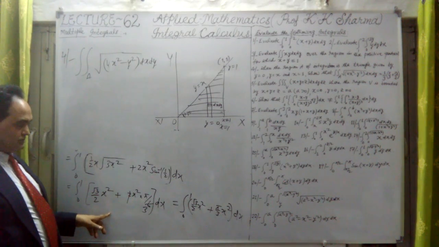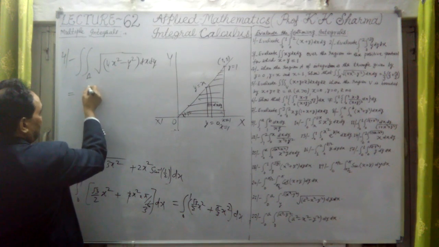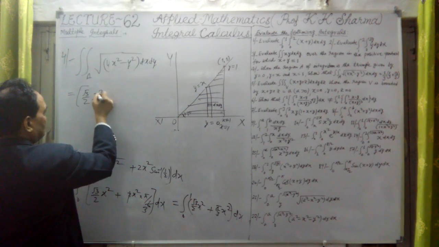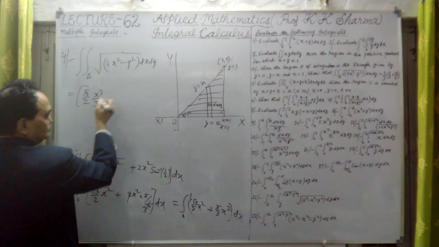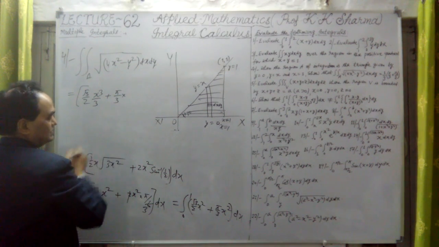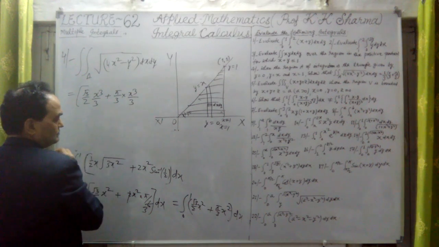So integration of that will be root 3 by 2, x² is x³ upon 3, plus pi by 3 is there, into x² is x³ upon 3.